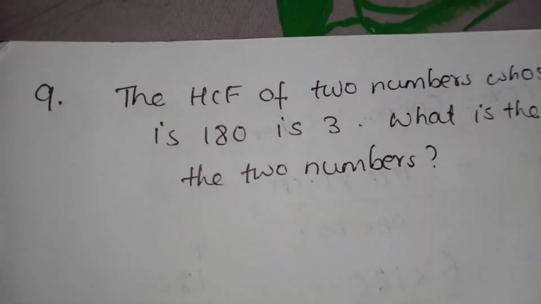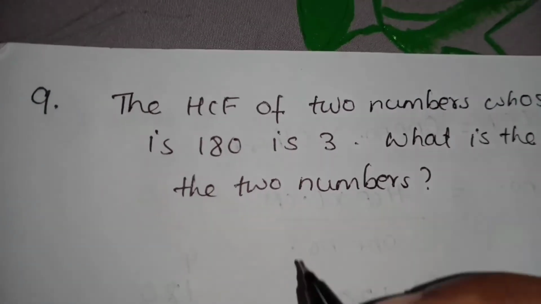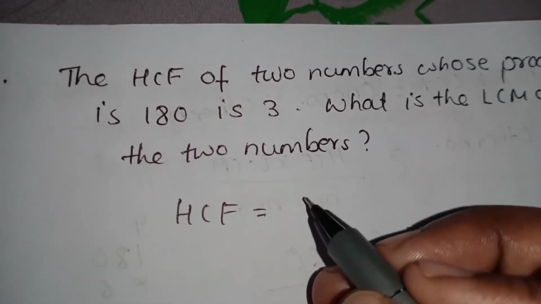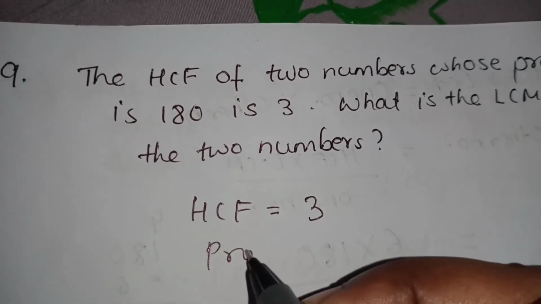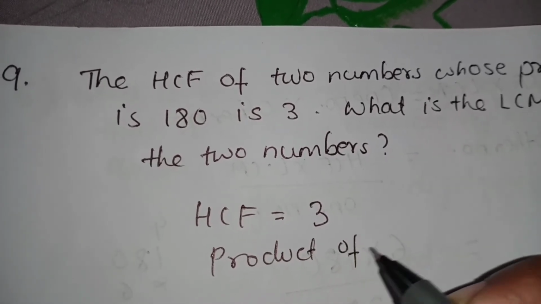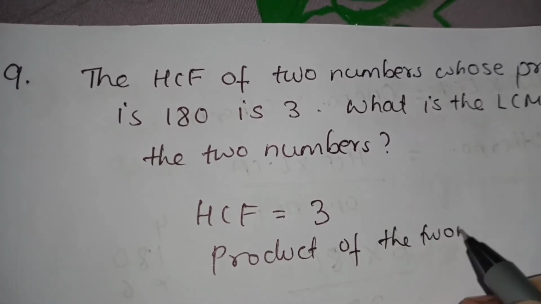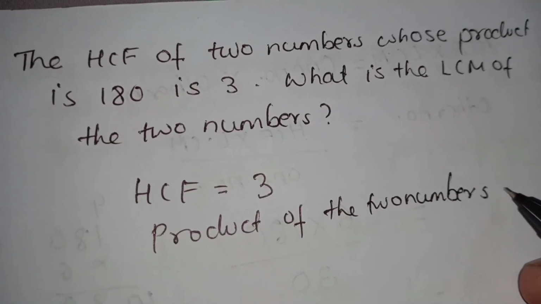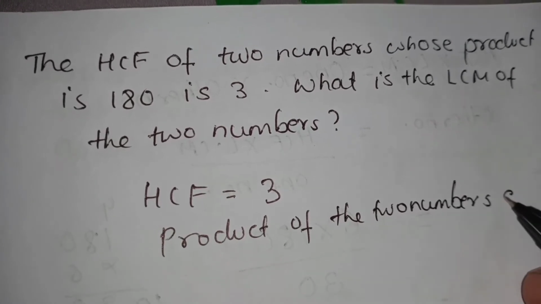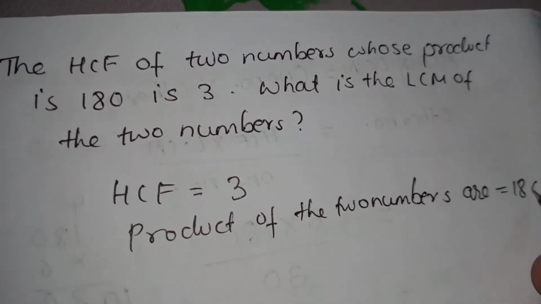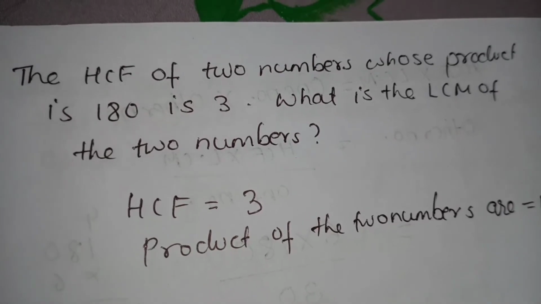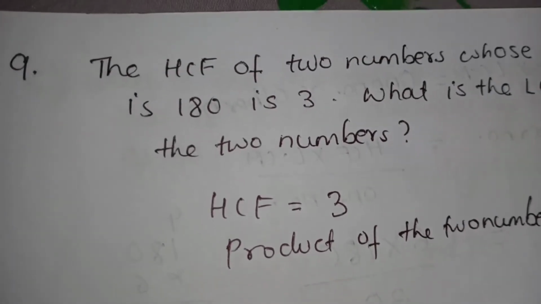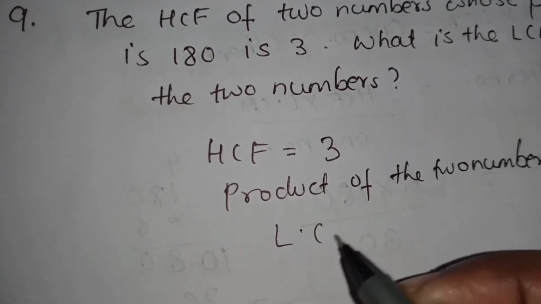Now in this case, what you have to do is write first: HCF is 3, and the product of the two numbers is 180. Now we have to find the LCM.